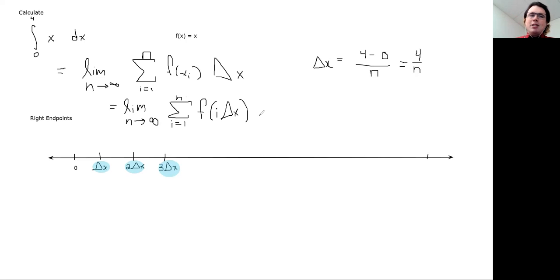For the number 2 rectangle, I'm looking at 2 times delta x, and so on. But even better than that, I actually know what my delta x is. Delta x is 4 divided by n. Now, my Riemann sum formula tells me I'm supposed to multiply by a delta x on the end here for the width of my rectangles. And I get this.